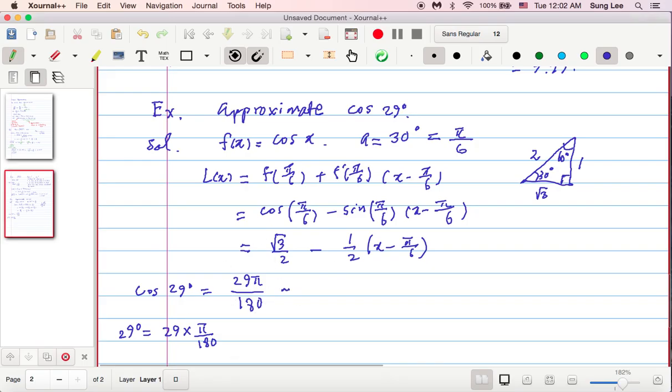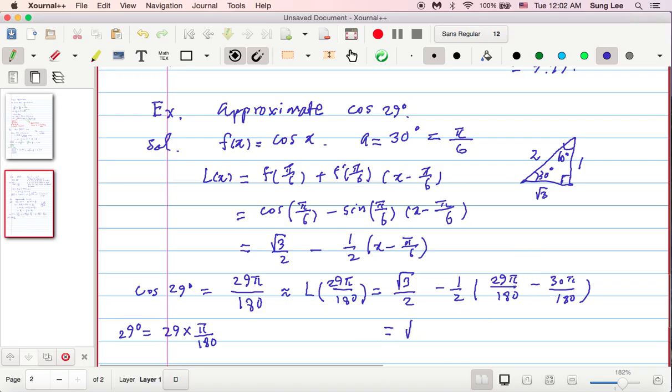All right, so this is going to be approximated by L of 29 pi over 180. All you have to do is use this formula here, right? We just obtained the linearization. So square root of 3 over 2 minus 1 half times 29 pi over 180 minus pi over 6, that's the same as 30 pi over 180. Okay, so that's going to be negative pi over 180.